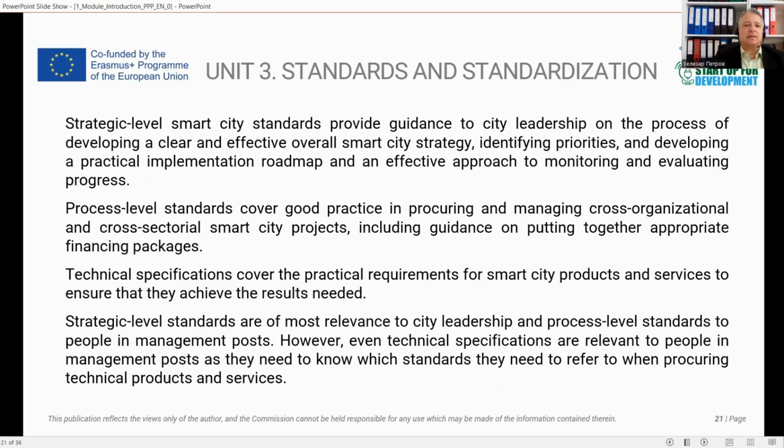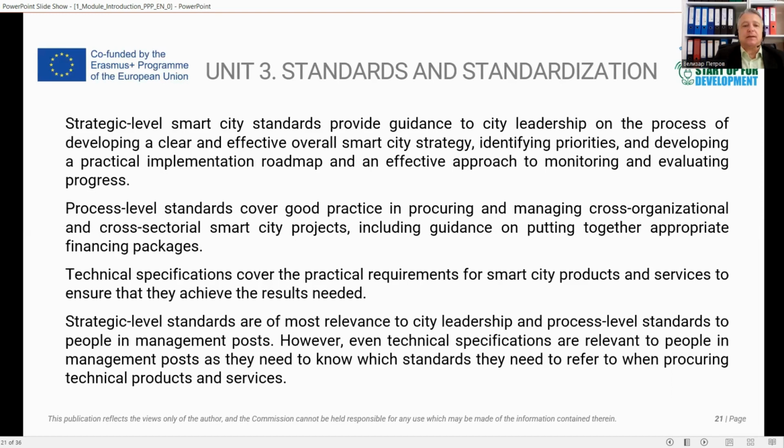Strategic level smart city standards provide guidance to city leadership on the process of developing a clear and effective overall smart city strategy, identifying priorities and developing a practical implementation roadmap, and an effective approach to monitoring and evaluating progress.